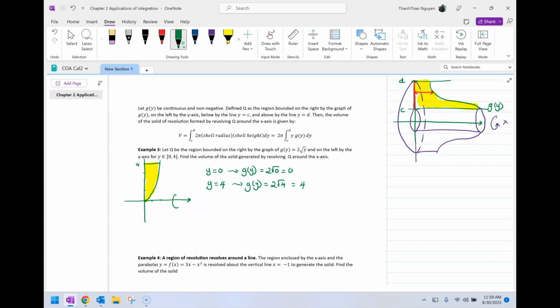Then we go ahead and rotate it about the x-axis. So you get this figure.